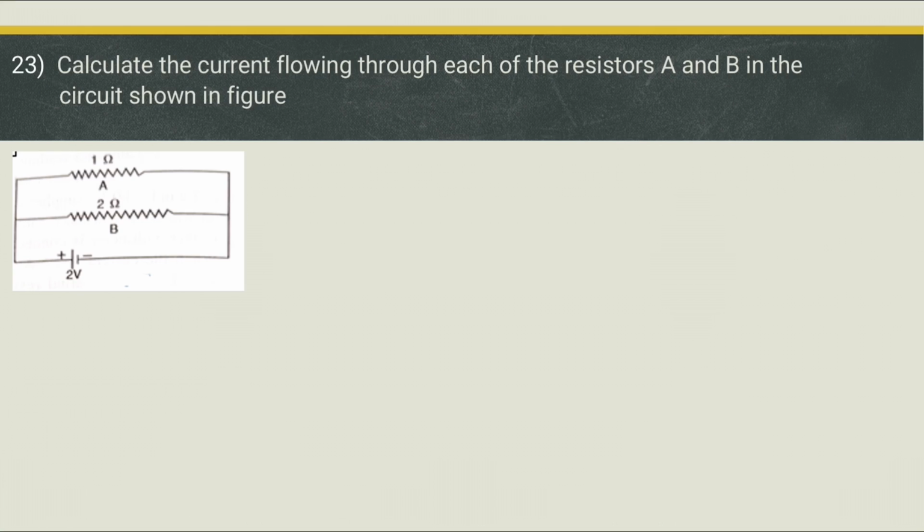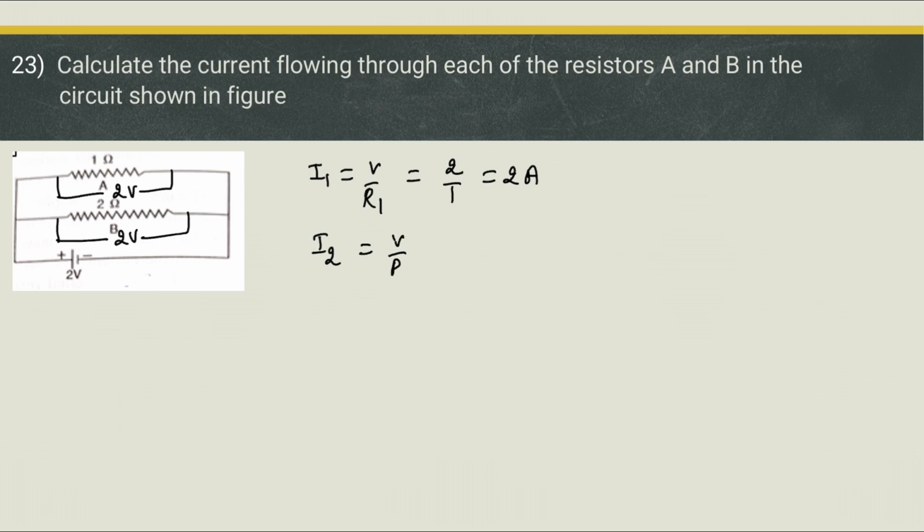Alright, so now here we can directly say that potential difference across 2 ohm is 2 volt, potential difference across 1 ohm is also 2 volt. So here we can directly use the formula I1 is equal to V upon R1, that is I1, current flowing through 1 ohm, 2 upon 1, 2 ampere, and current flowing through 2 ohm is V upon R2, is equal to 2 upon 2, 1 ampere.